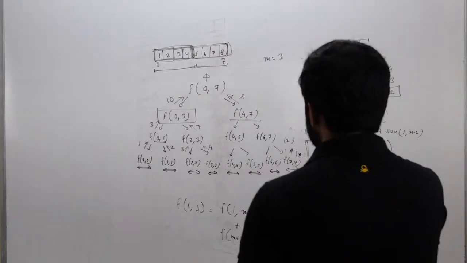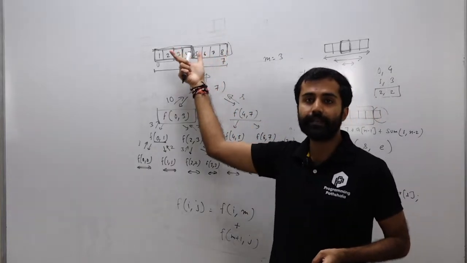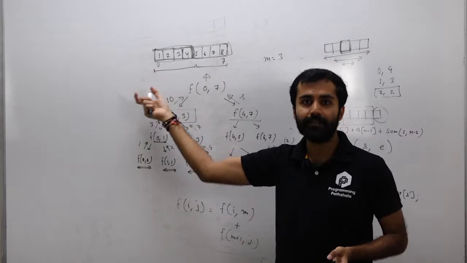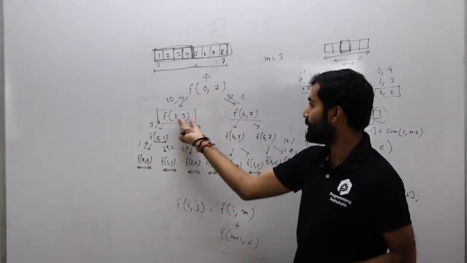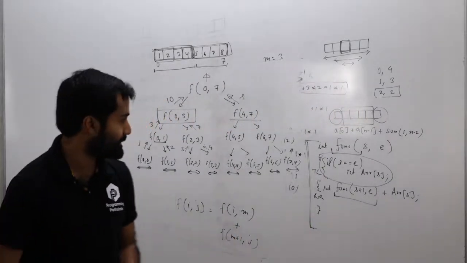Yeah, by the way, this idea is also popularly known as divide and conquer, because in reality what we are doing is we are dividing a large problem into smaller sub-problems, right? This was a large problem and we have divided it into smaller sub-problems, and then we are conquering their results.